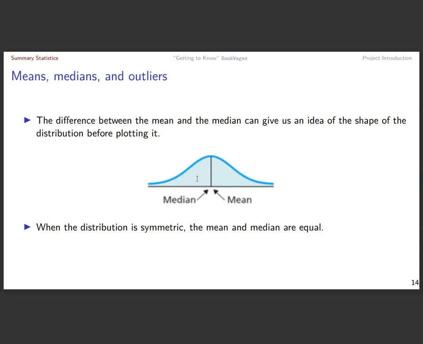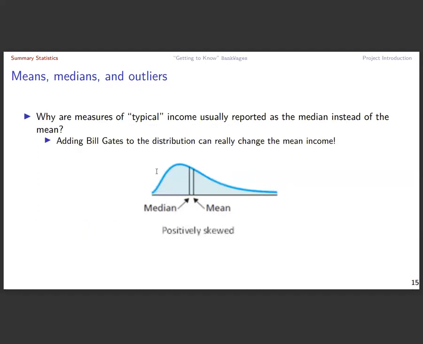So in this case, my mean and my median are the same number. When might you not want to use the mean? Well, when you have a lot of skewness in your distribution, the mean and the median get very different from one another. In general, we report the median because it doesn't suffer from that contamination that comes from the skewness.